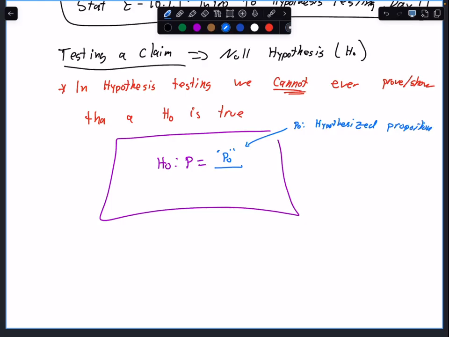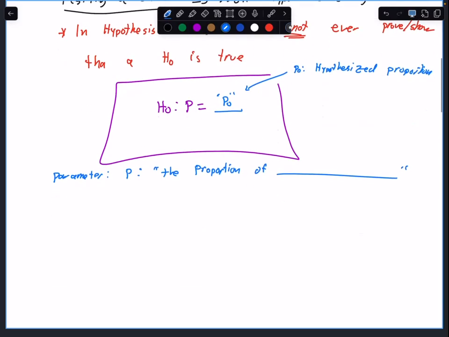And it's important to note that we must define our parameter, and the parameter is p, the proportion of blank. This is the same parameter you write on the exam, the same parameter you've been writing on all your homeworks from the previous unit. You've got to use the context of the wording of the problem.